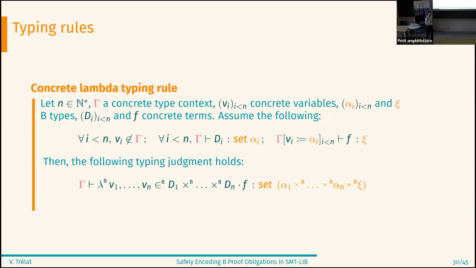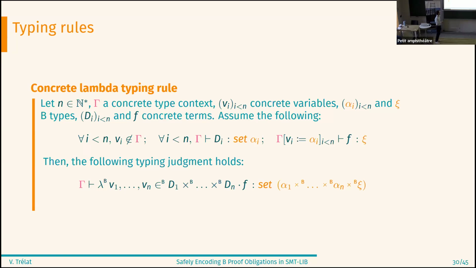We cannot bind 0 variables, not like the example where I was binding 0 variables. Now, typing enforces the fact that you have to bind at least 1 variable. We need gamma, a concrete type context. We need a family of concrete variables, a family of types, a return type, a family of domains, because my binders are bounded, and a term f, that is the function in the lambda.